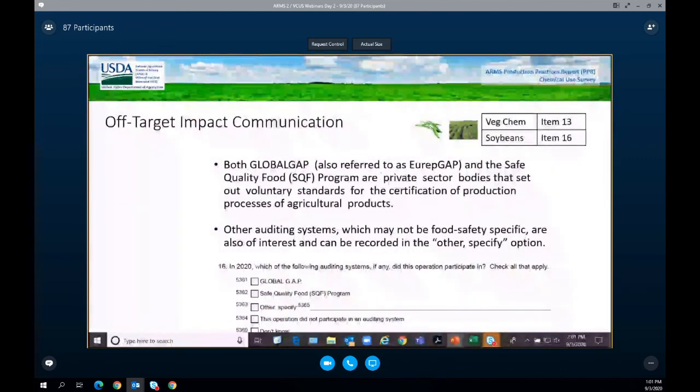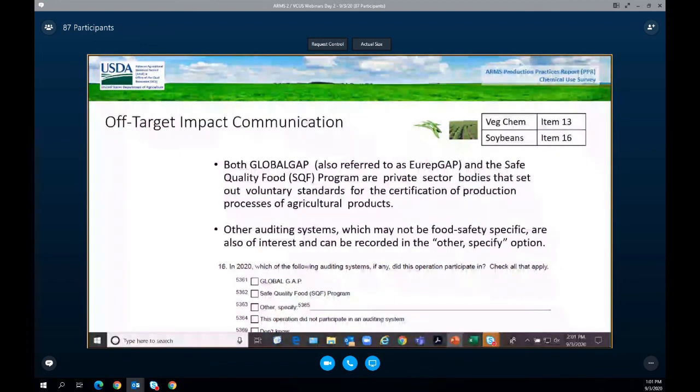And finally, we wanted to ask about independent certification programs, which could also be referred to as auditing programs. The reason this is of interest is because this can really give EPA a lot of direct information, because the auditing programs may already have requirements for IPM, drift control or resistance management.